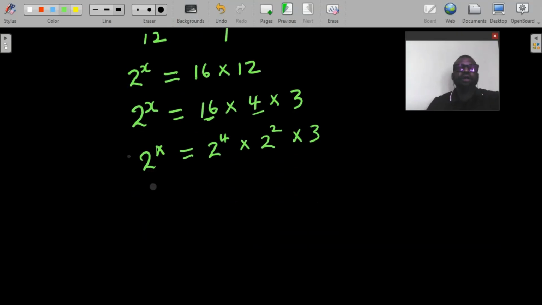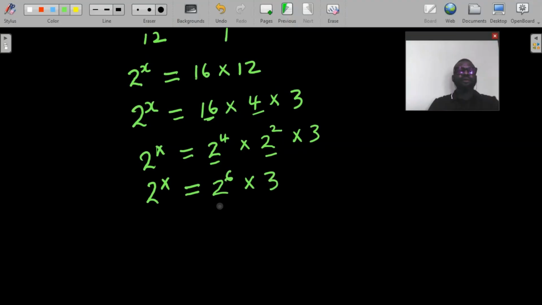Now I have 2 to the power of x is equal to, I will obey the law of indices here. I will take one of the 2's, then I will add the powers. 4 plus 2 will give me 6, then times 3.